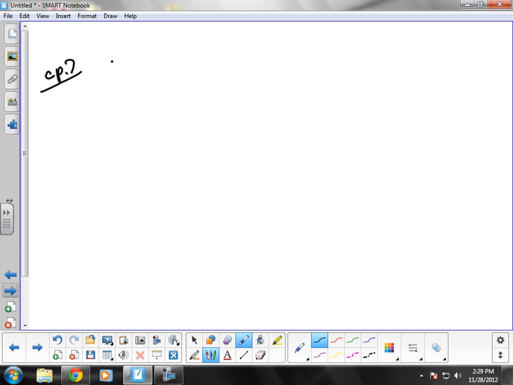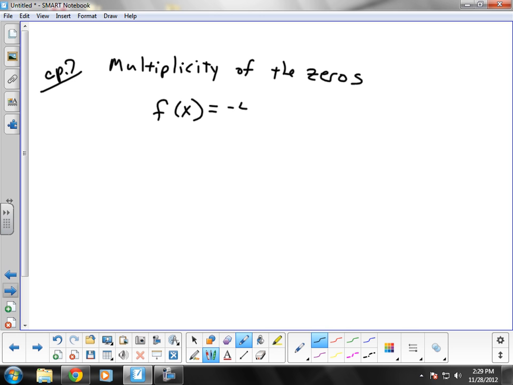We want to find the multiplicity of the zeros of the function f of x equal to -4 times x plus 1/2 squared times x minus 5 to the third. If I'm looking for zeros and it's in factored form, my work's done, right?